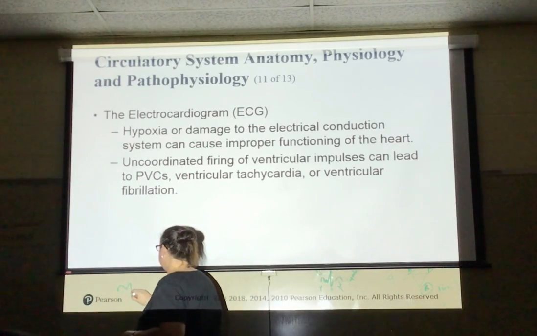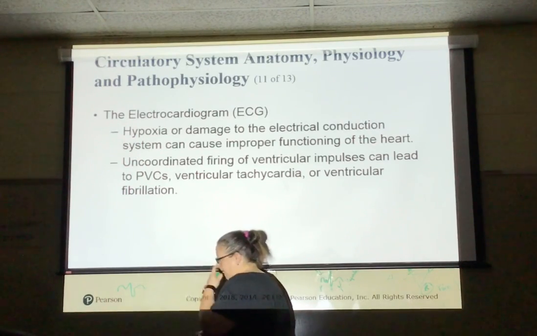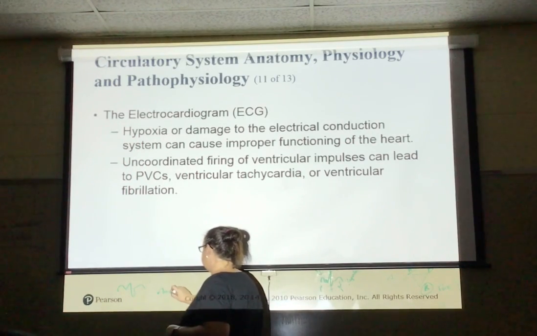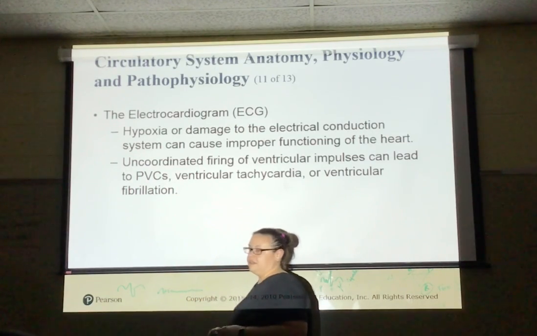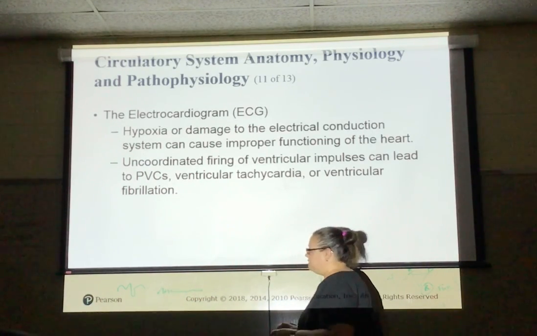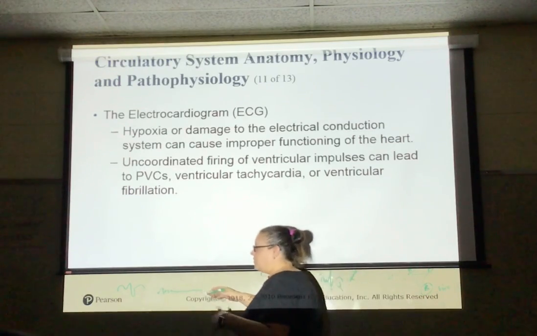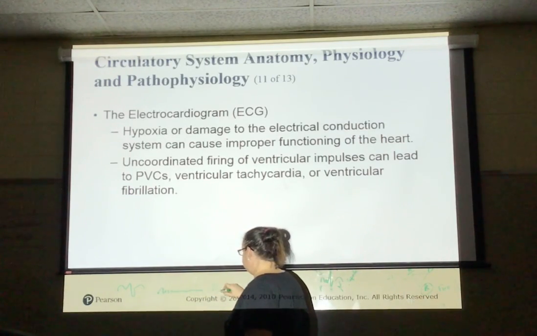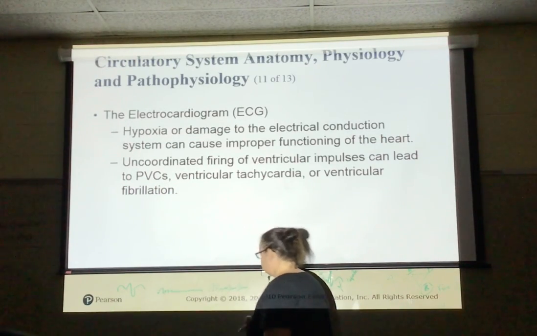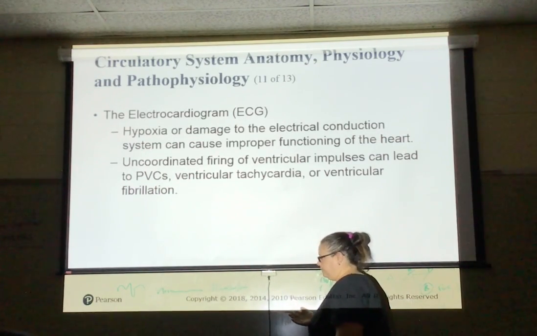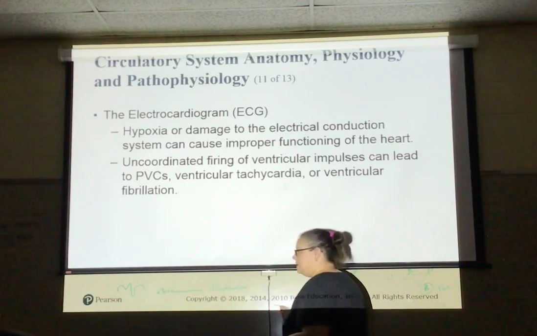You have a P, you have a QRS, and you have a T, right? This is what VFib looks like, okay? It's pretty obvious. This is what's known as coarse VFib. Then you can have some that's kind of like that, okay? It's fine VFib.